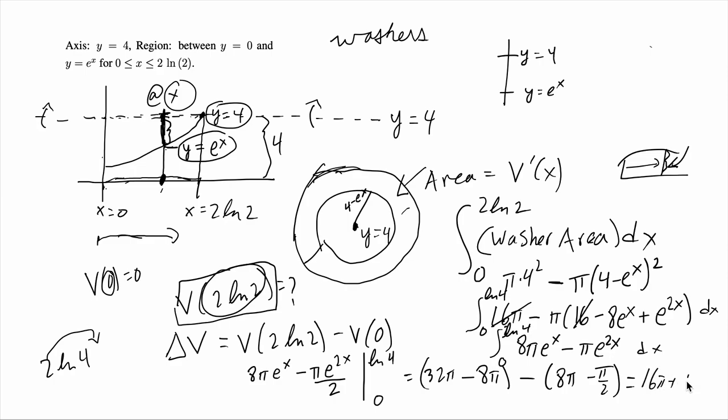So 16 pi plus a pi halves. And 16 pi is the same thing as 32 pi halves. So it'd be 33 pi halves. Okay, so the volume of the rotated region is 33 pi halves.